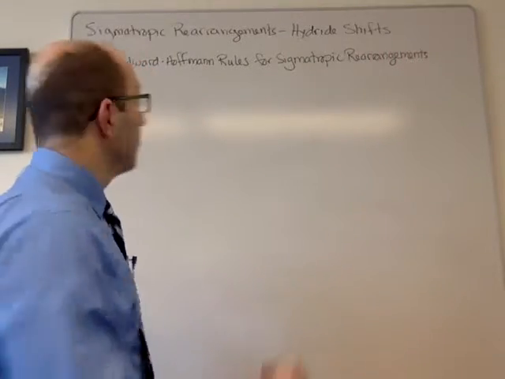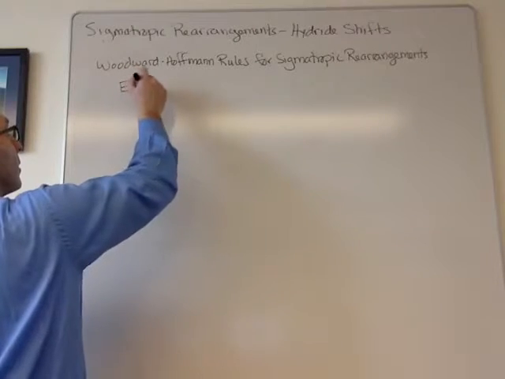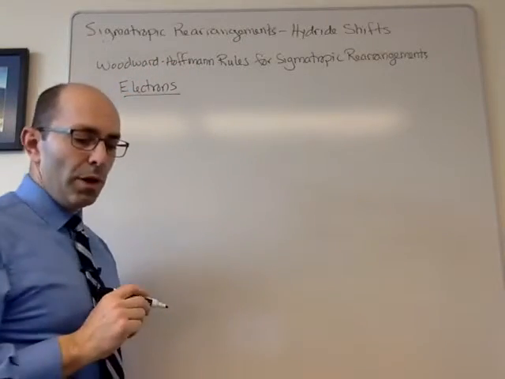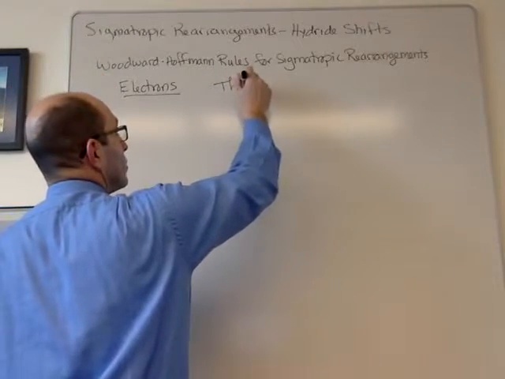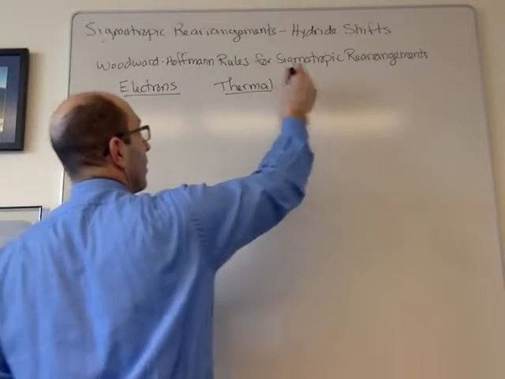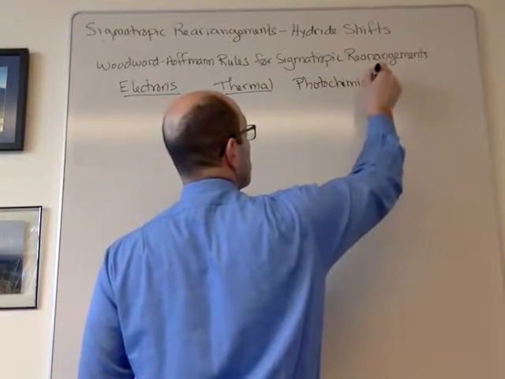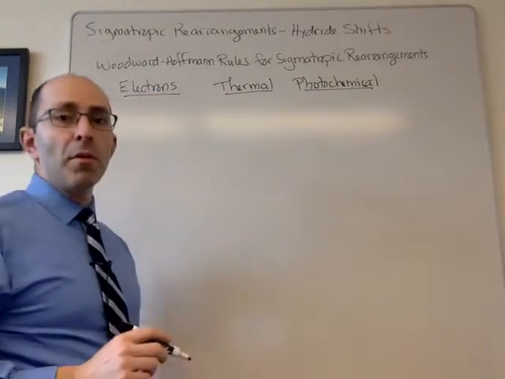Right, and like we have done for electrocyclic reactions and cycloadditions, we can draw out a chart that very quickly tells us what is possible based on the number of electrons involved.